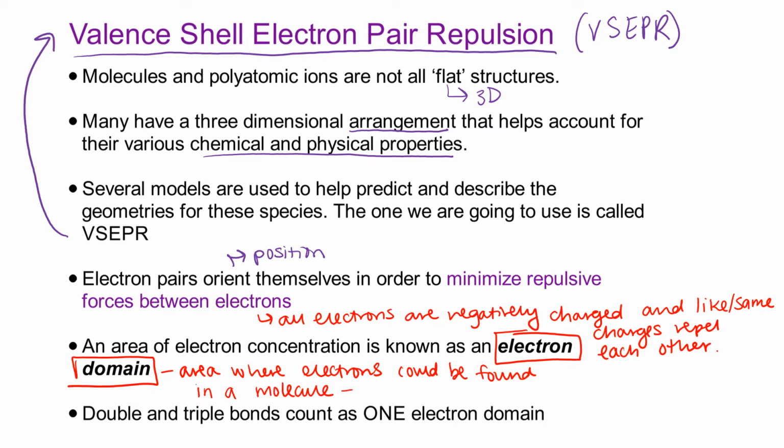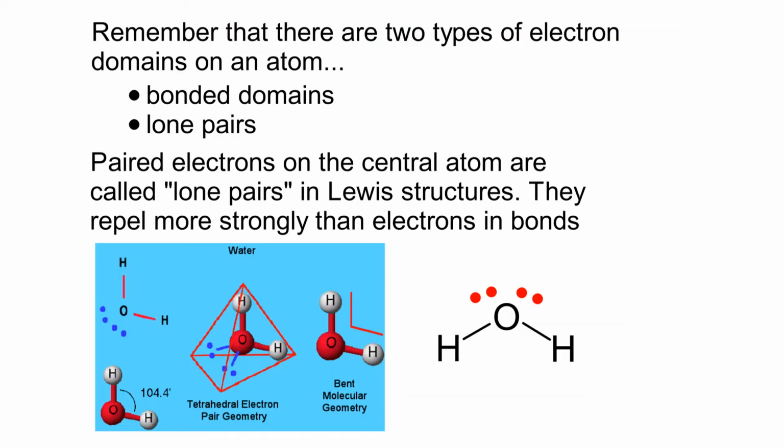Examples here are going to be lone pairs, which remember are on the central atom, or bonds. But the thing to know about bonds, as you're going to see in the next bullet, is that double and triple bonds count as one electron domain because it is one area that you're likely to find the electrons. Even though they're in multiple bonds, it's still considered one electron domain.